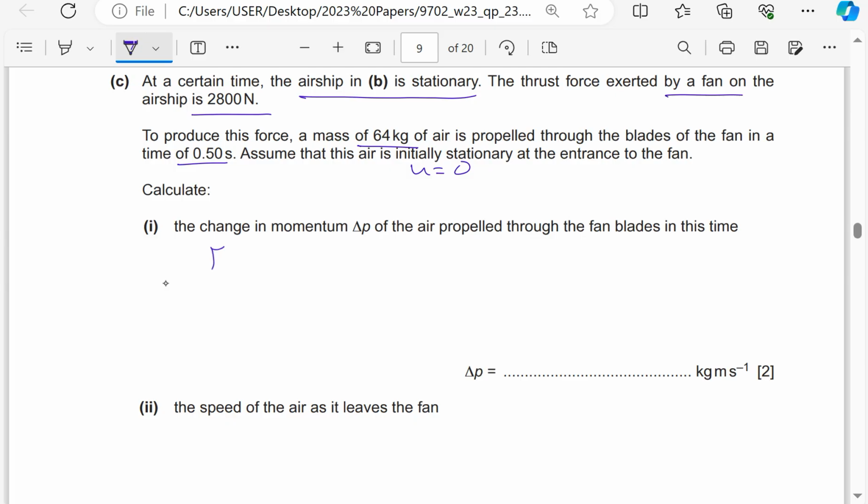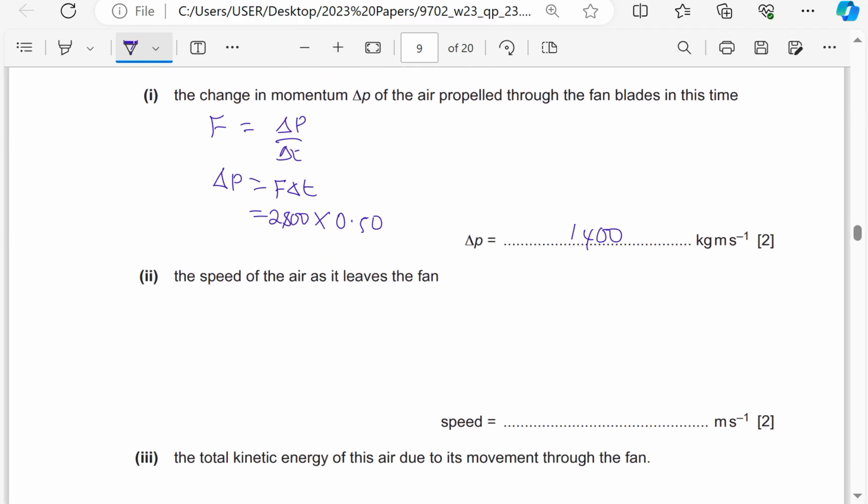So we know that force is equal to the rate of change in momentum. So this means the change in momentum is going to be force times the time. So the force is 2,800 newtons and the time is 0.50. So it is just a half of that. Half of 2,800 is 1,400. That is the change in momentum.